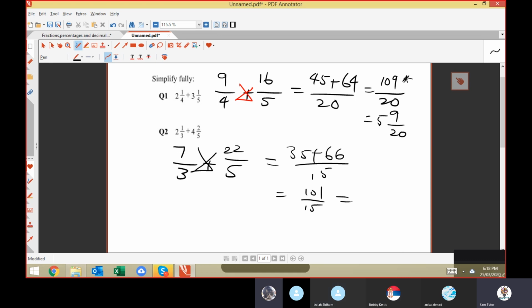And then if you really wanted to know how many times 15 goes into 101, it should be 6 times, and there's a remainder of 11 over 15. But I'm not worried about this step right now. Do not worry about this step. Just get to this step. So convert and add, and multiply and add.